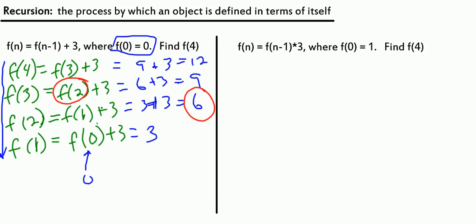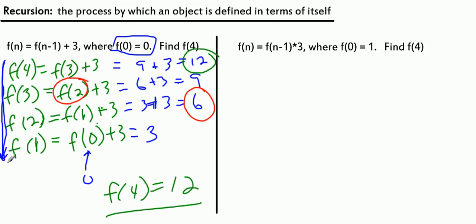So the final answer we get for f of 4 is 12. We started with f of 4 needing f of 3, which needed f of 2, which needed f of 1. Once we had f of 0, we could work our way back up to get f of 4. If you think about these visually like this, it becomes easier to follow.